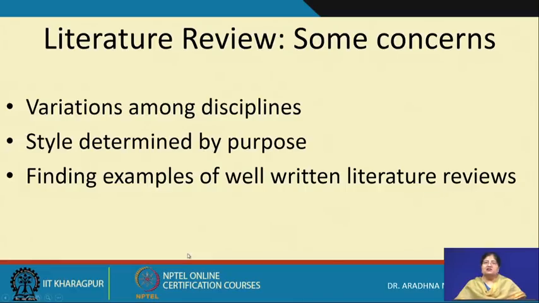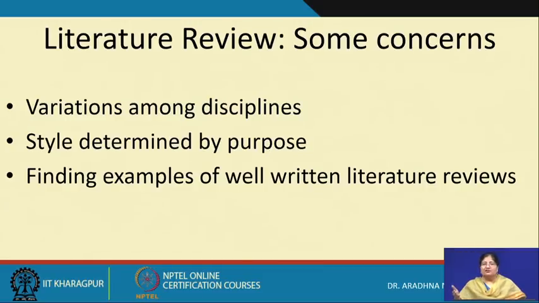Okay. Some concerns regarding literature review: there could be variations among disciplines. How you conduct the literature review for various subjects, various disciplines could be different. For example, in the humanities there is lots of abstraction, in the social sciences there is lots of context involved, in the pure sciences there could be experimental studies, etc. The way literature review is written in different disciplines is very different.